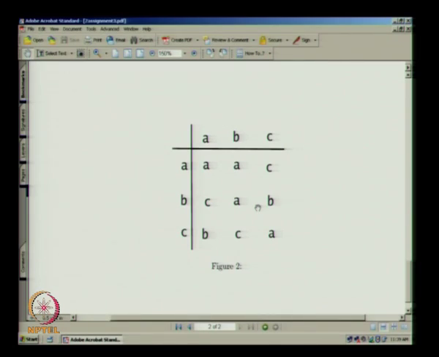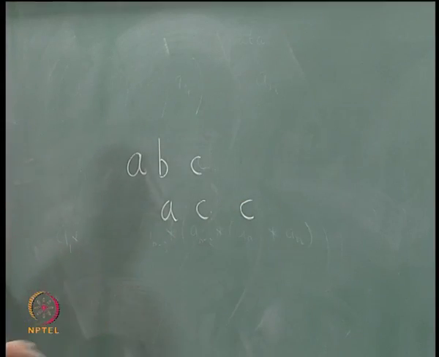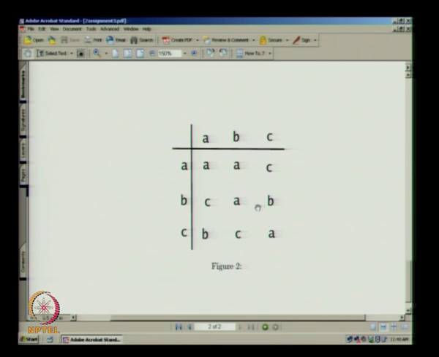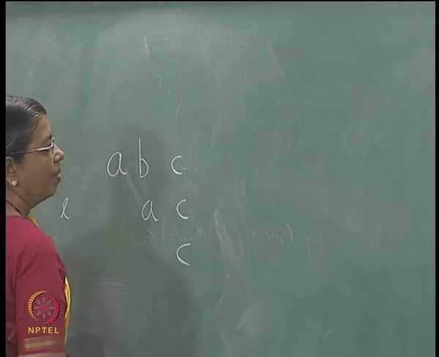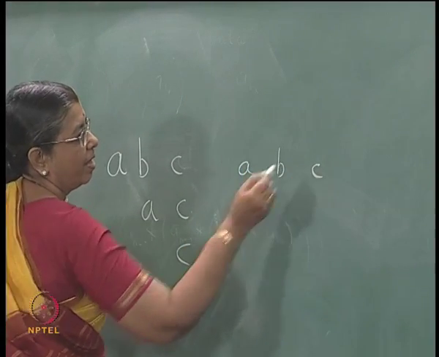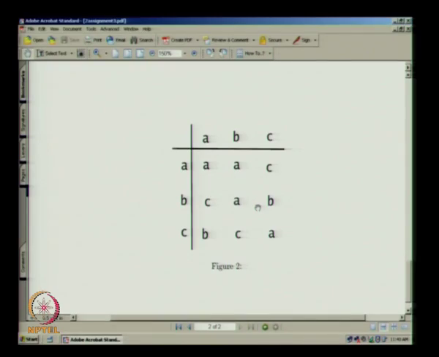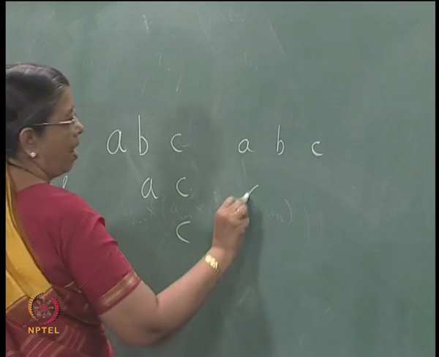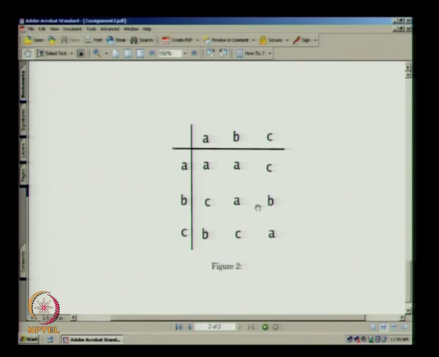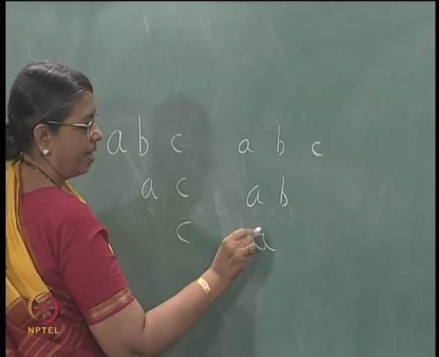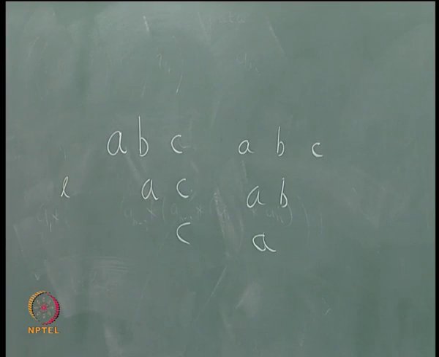AB is A. AC is C. The left evaluation is this, C. What will be the right evaluation? Let me check. First BC. What is BC? B. And AB is A, right? AB is A. They are not the same. So, ABC should not be accepted.